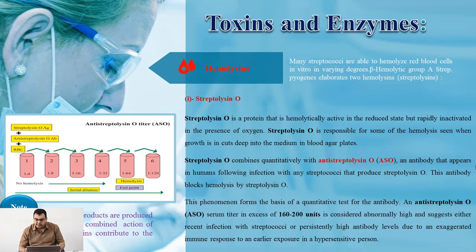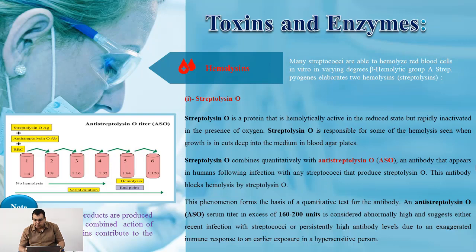Streptolysin O combines quantitatively with antistreptolysin O, ASO, an antibody that appears in humans following infection with streptococci that produce streptolysin O. This antibody blocks hemolysis by streptolysin O. This phenomenon forms the basis of a quantitative test for the antibody.